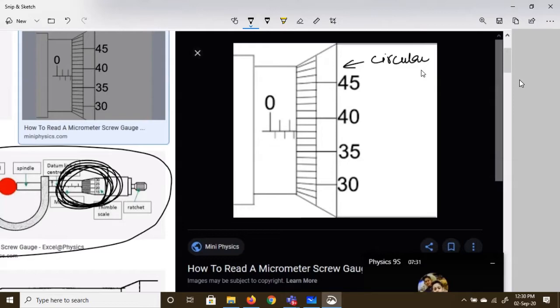But if the answer is worth 1 mark and you forget to write the unit, you will get 0. And if it's worth 2 or more marks, 1 mark will be deducted from that answer. 2 नंबर का है तो आपको 1 नंबर मिलेंगे, 1 नंबर का है तो you will get a 0. So don't forget to write down the units.